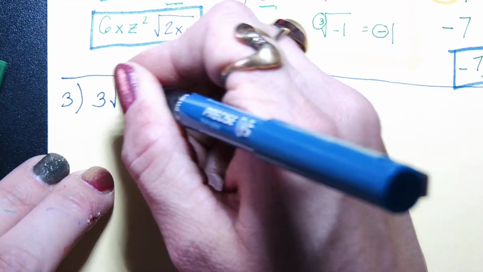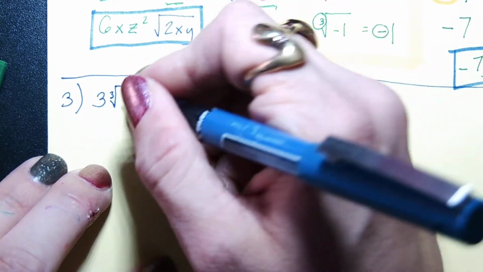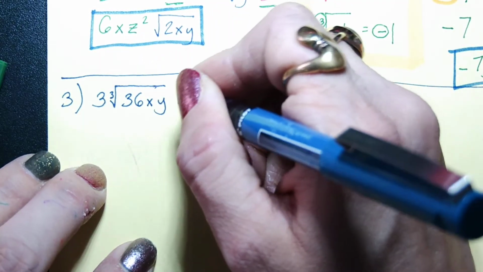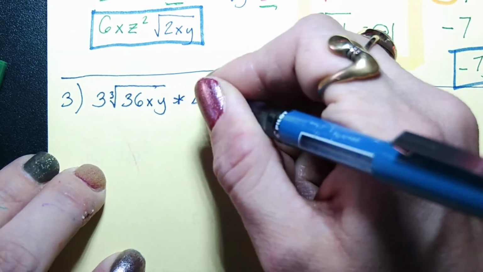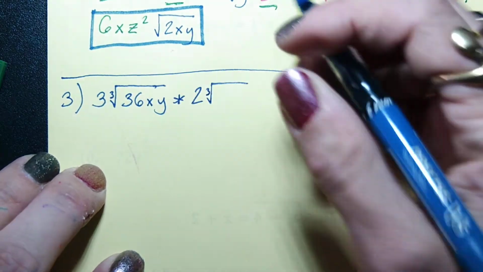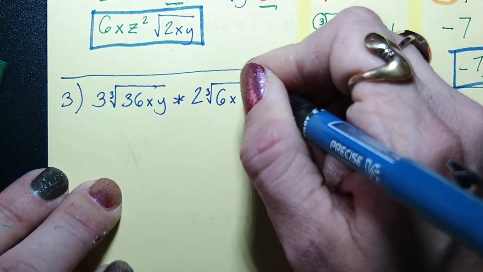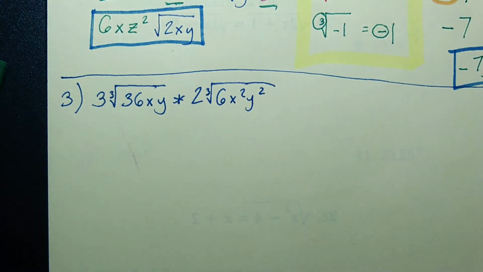So 3 cube root of 36xy times 2 cube root of 6x squared y squared. So 3 times the cube root of 36xy times 2 cube root of 6x squared y squared.